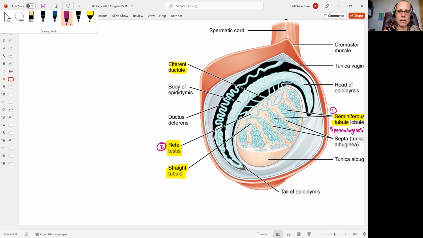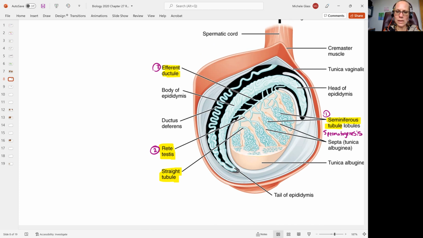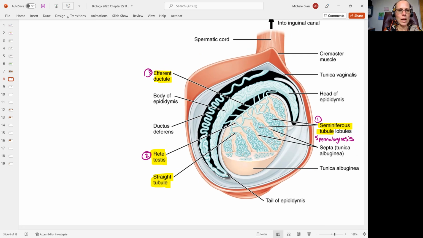And then from the efferent ductule, we see that that leads directly to the epididymis. And this is where our body of knowledge picks up. So we talked about the epididymis last time as being the location for final maturation of sperm and also storage of sperm until emission. Emission is talking about moving that sperm into either the vas deferens or the ductus deferens.